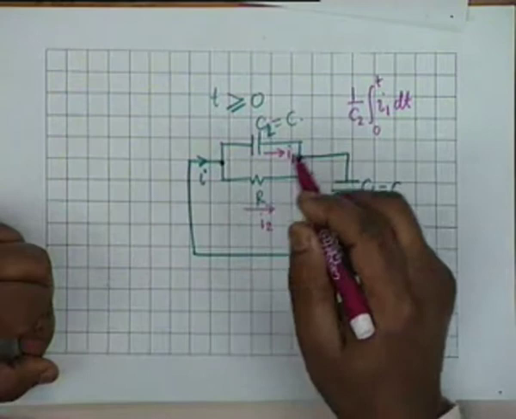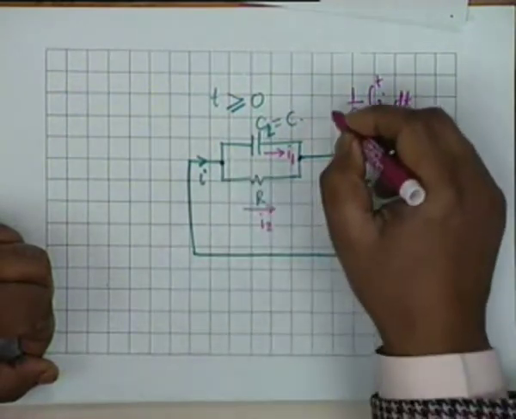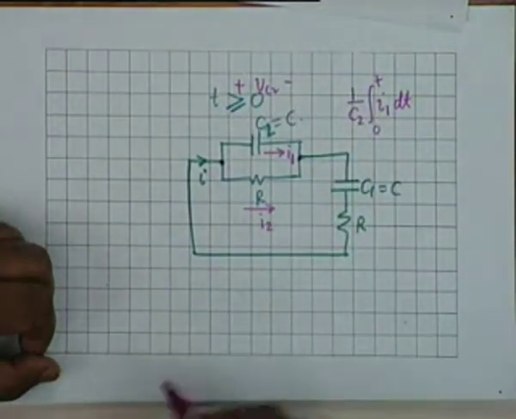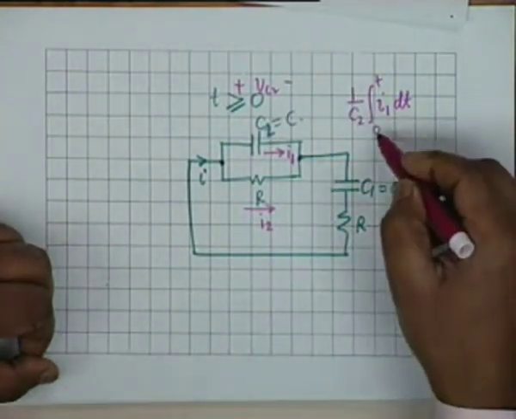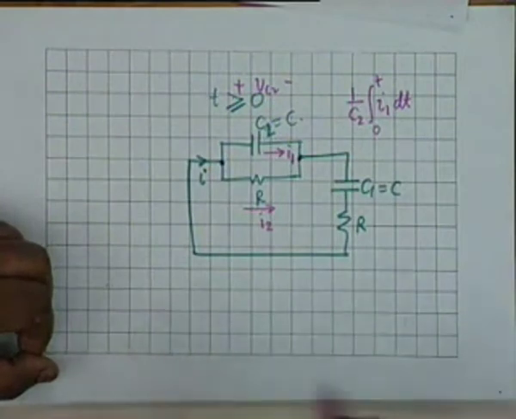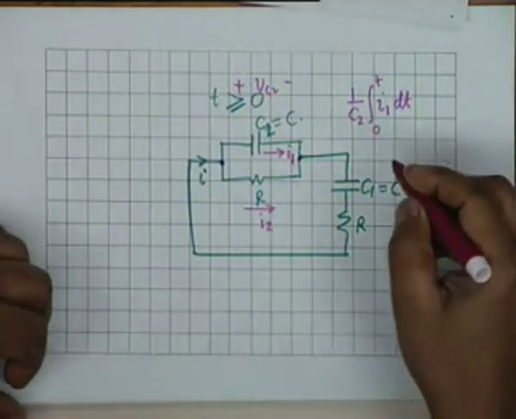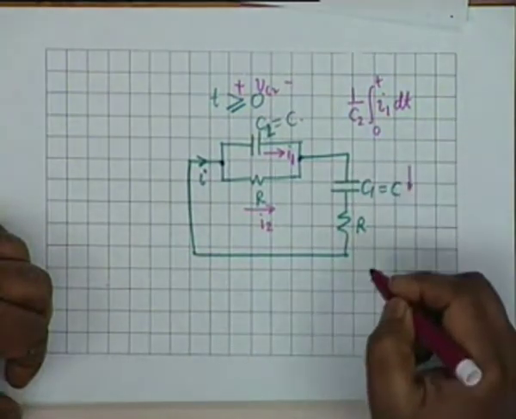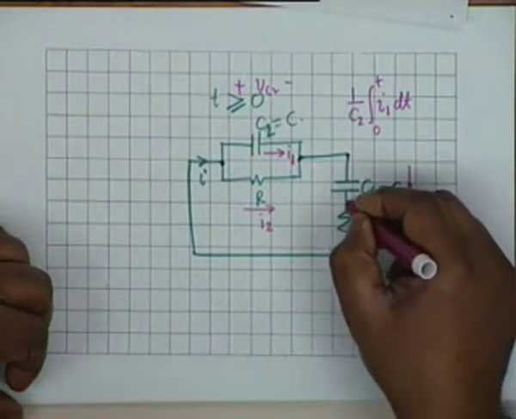At any instant of time t, the voltage VC2 is simply given by 1 by C2 integral 0 to t I1 dt. Is that okay? And this current I then flows through C1 also. So what would be this potential?